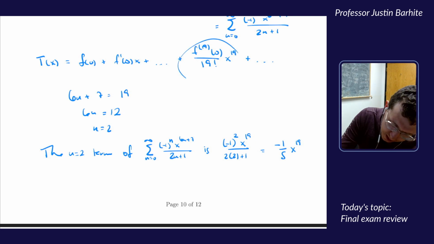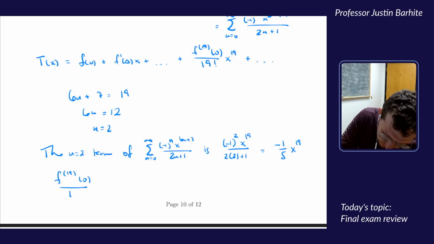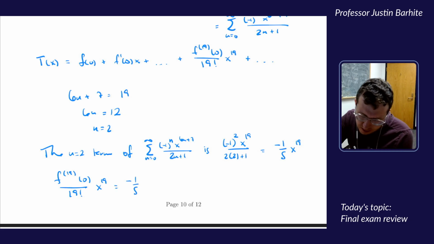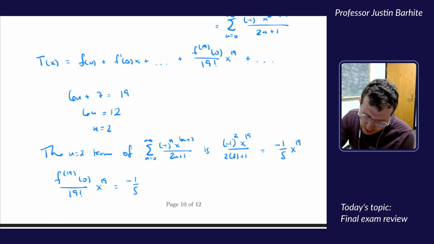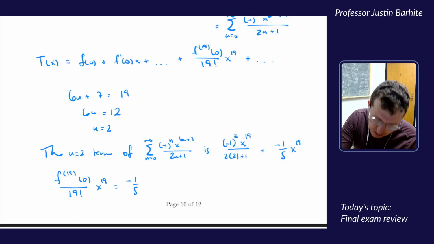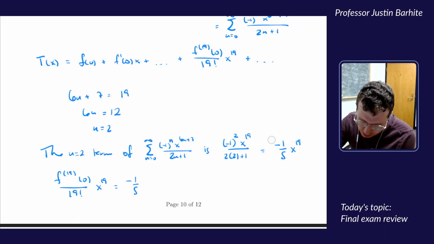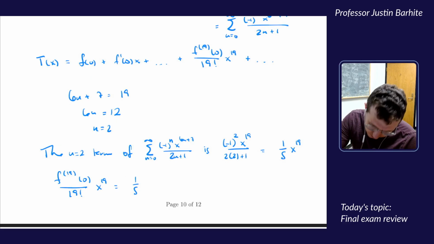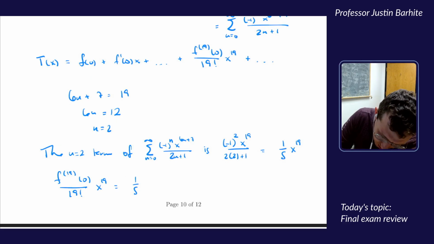So that was supposed to be this term, which means the 19th derivative of f evaluated at 0 over 19 factorial times x to the 19th is equal to minus 1/5. Wait, minus? What am I talking about? Where'd the minus come from? Minus 1 squared is positive 1, not negative 1. So 1/5 x to the 19th.